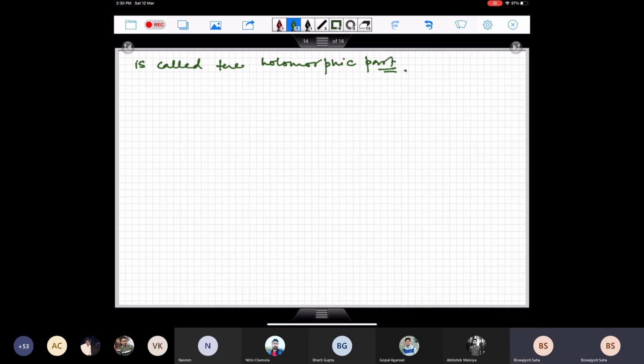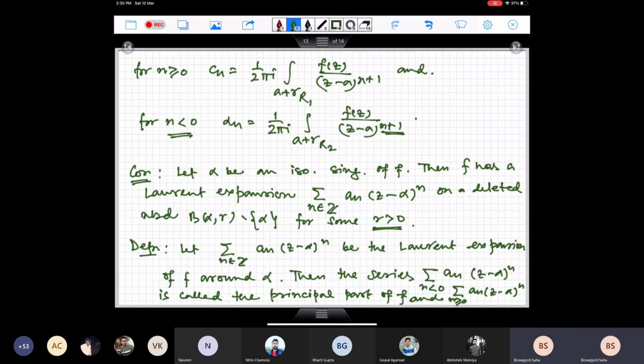The holomorphic part is the one which is coming from the power series. That's natural, that's going to be holomorphic at that point. And the principal part is what effectively determines the type of singularity that we have. So that's the main part as far as the singularity is concerned, and this is why it's called the principal part.